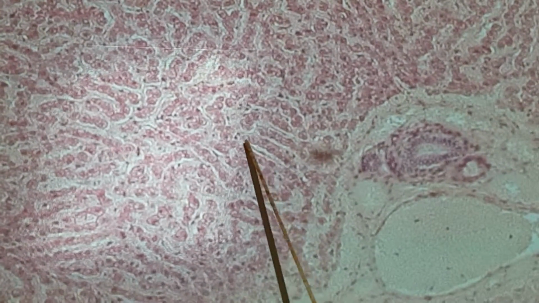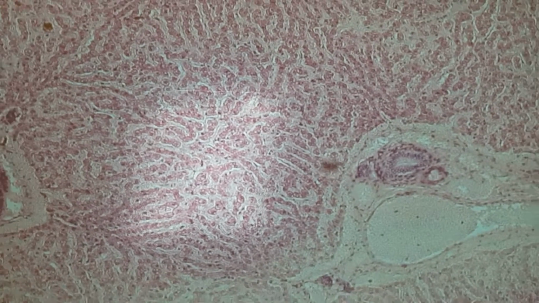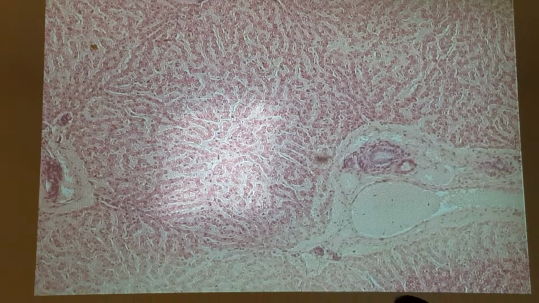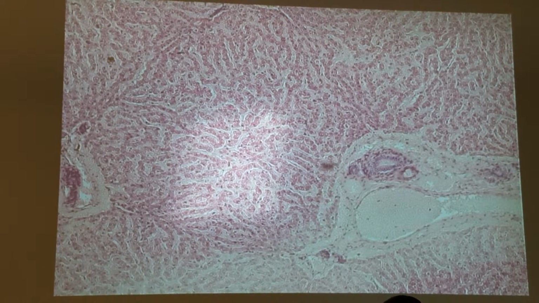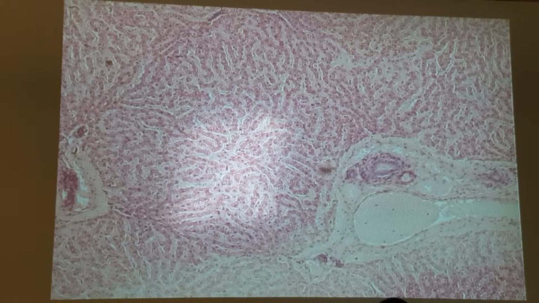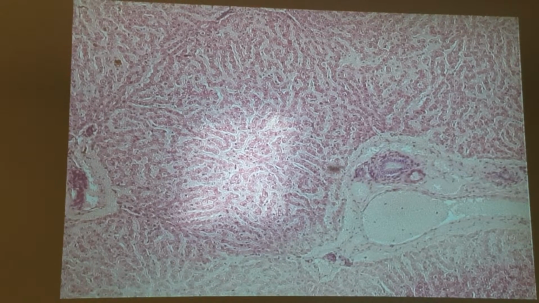And then the spaces in between them are the sinusoids. That's the liver. Also doesn't look like anything we've seen. It's always good when they don't look alike.